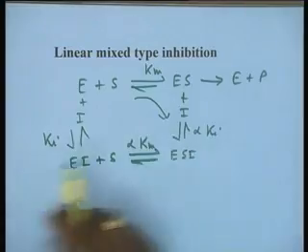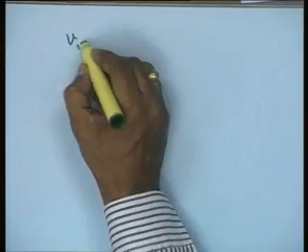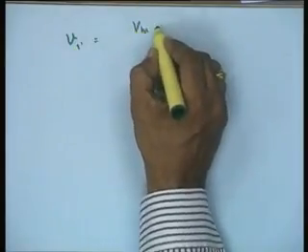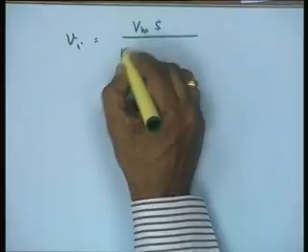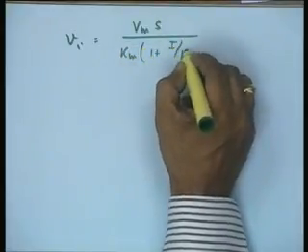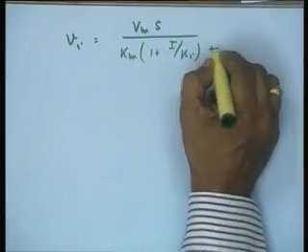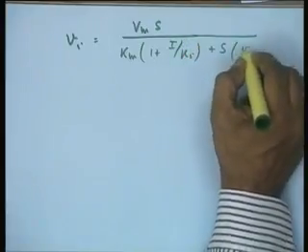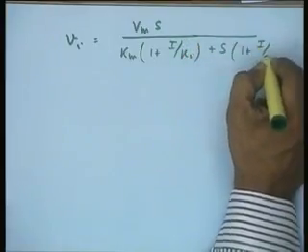And in such cases the rate expression becomes modified as Vm into S upon Km(1 plus I over KI) plus S into (1 plus I over alpha KI).